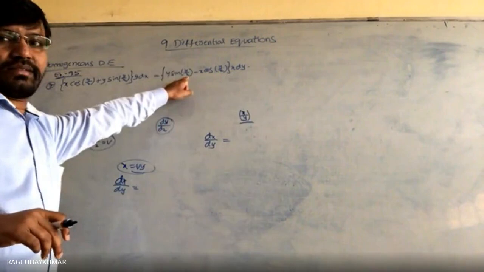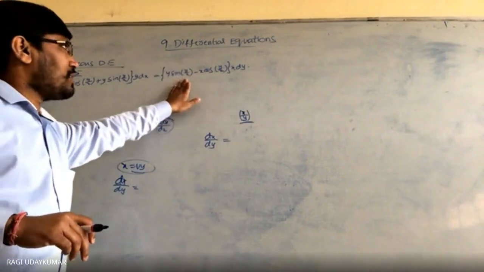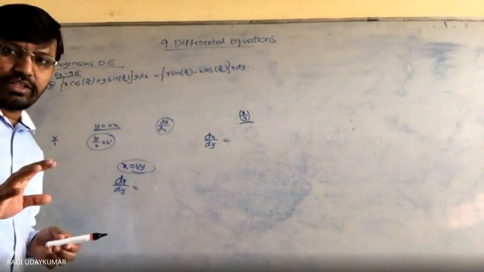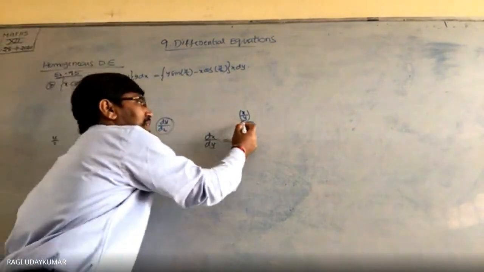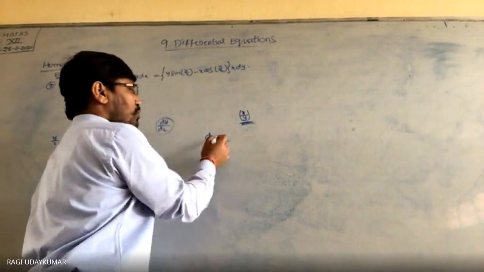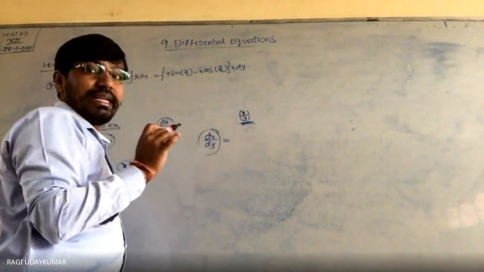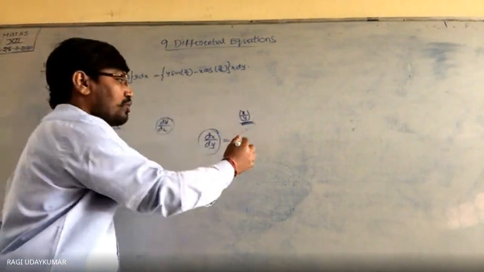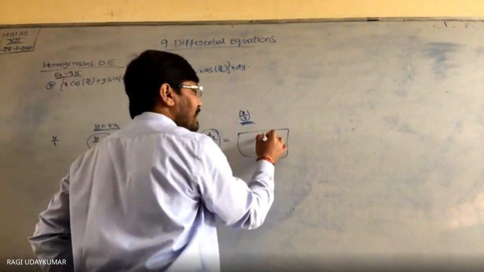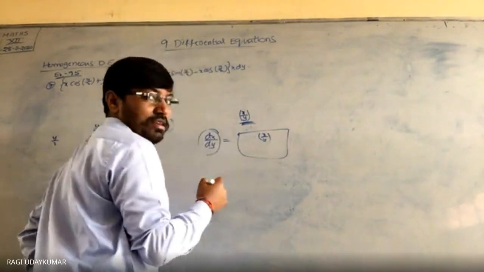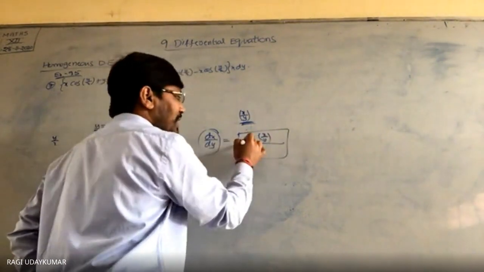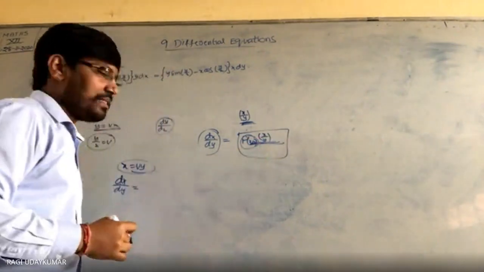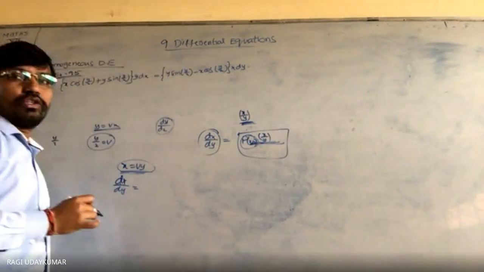If you are getting dx by dy as a function in which x by y is there, you need to substitute x is equal to vy.